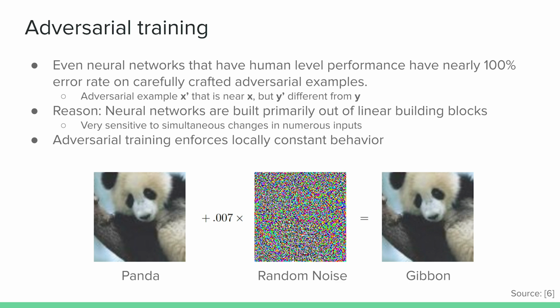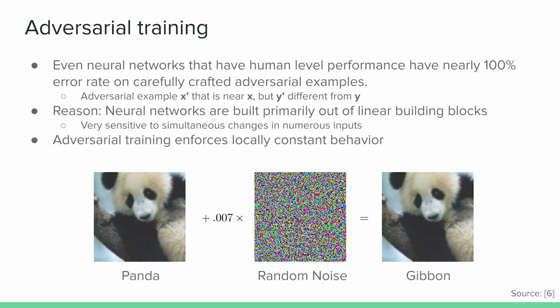So those are malicious examples that try to break your network. An adversarial example is more formally defined as x prime that is near x, so the inputs are very similar, but y prime is quite different from y, so the output is completely different. And the reason why this is happening is because most neural networks are built primarily out of linear building blocks.